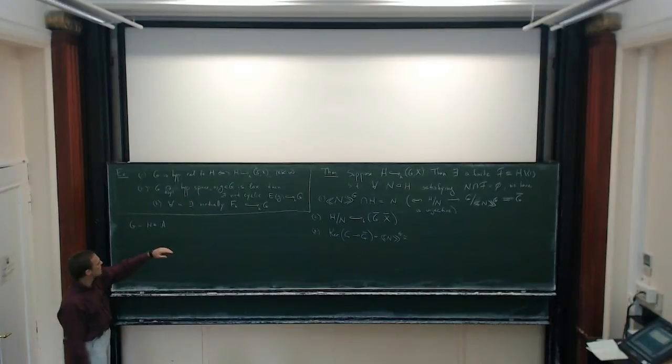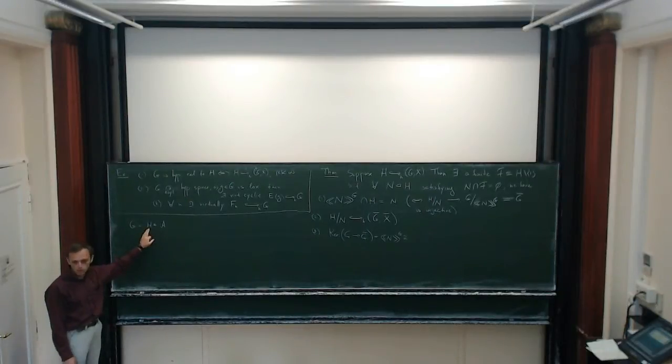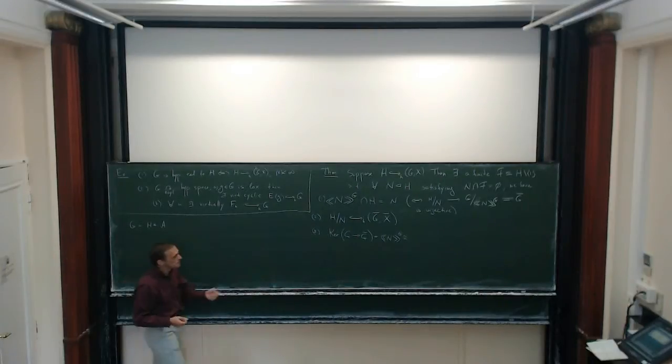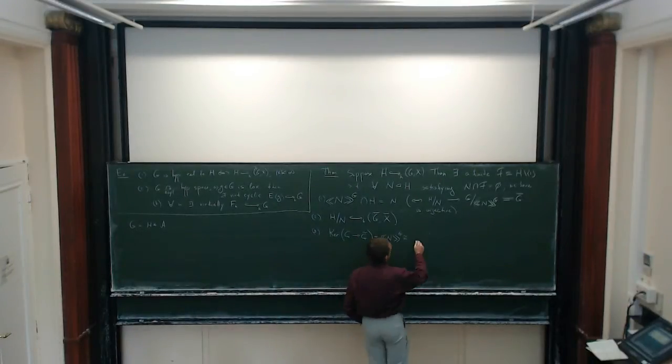All statements here are true for any normal subgroup. First two statements are obvious, and for the second statement, what's the kernel in this situation? It will be just a free product of copies of n, right? And it's the same situation here. So it's a free product of conjugates of n by some elements.